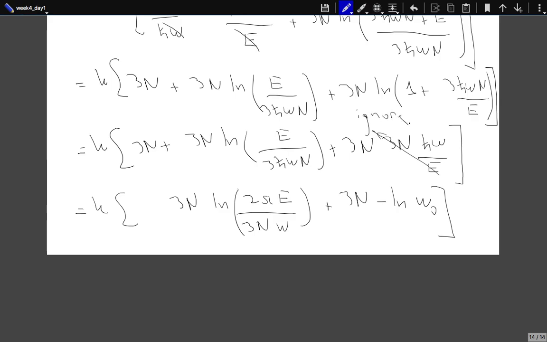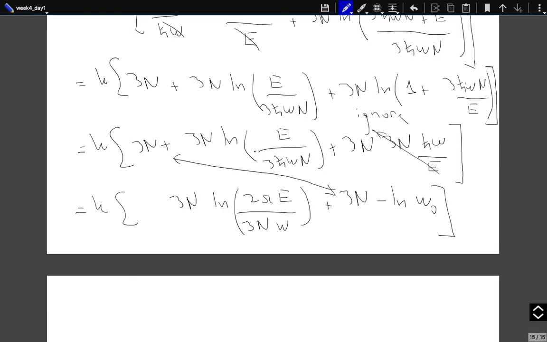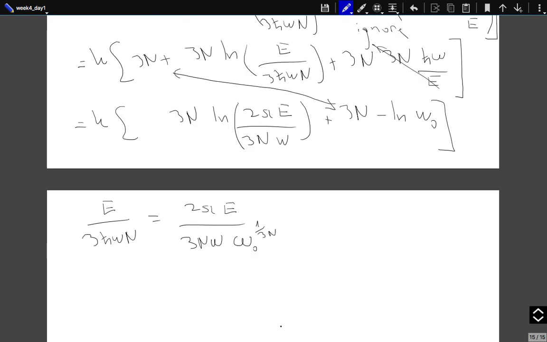It will be just a correction to the classical behavior. Well, this term is basically over here. So what this expression tells me is that inside the logarithm here, with this 3n factor, I have E over 3h bar omega n. This should be equal to, in this expression, I have 2 pi E over 3n omega times this omega 0 to the power 1 over 3n. These two should be equal.